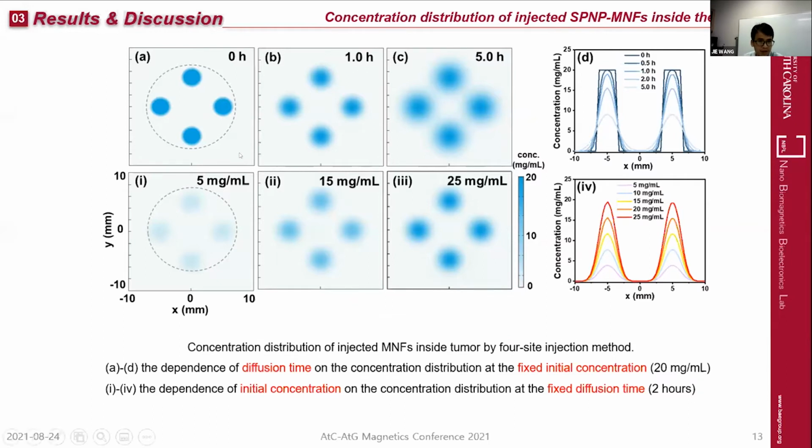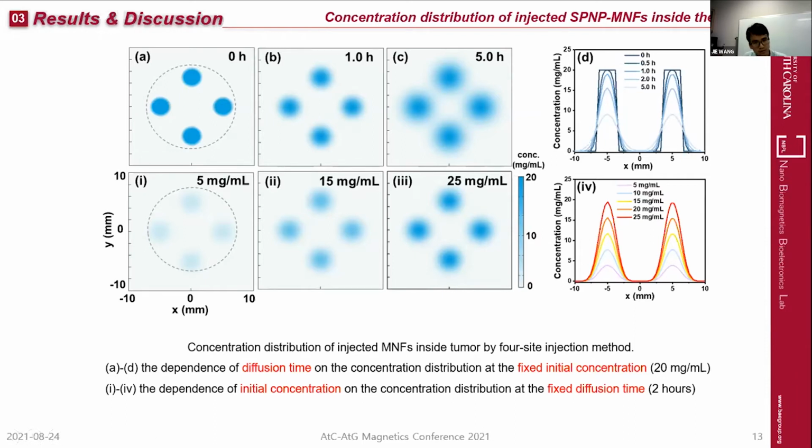Here is the concentration distribution. On the top, that is under different diffusion time at a fixed initial concentration of 20 milligram per milliliter, and at the bottom that is under different initial concentration at a fixed diffusion time of 2 hours.